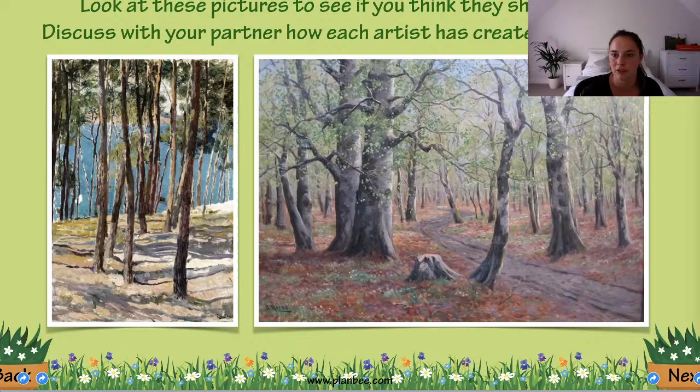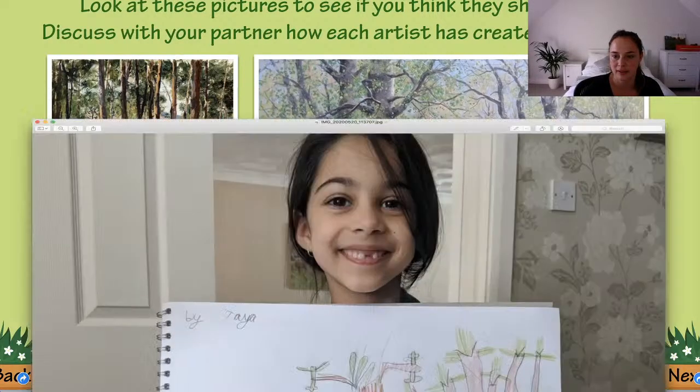I think I've got time for one or two more. So we've got a lovely picture. We've got here Nisha and Jaya. I hope I'm saying your name right. Okay, so I'm just going to show Jaya's now.